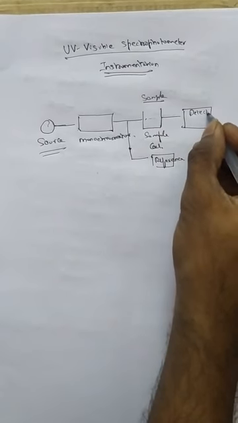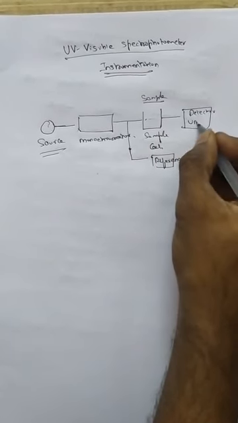The detector unit detects the absorption, that is, log I naught by I. Initially the light will have an intensity of I naught.